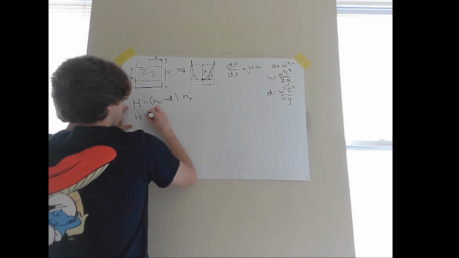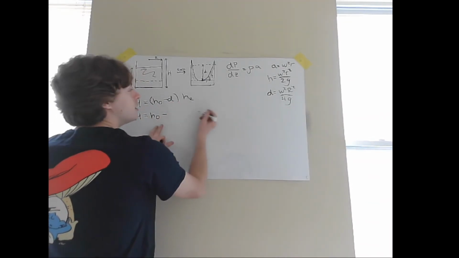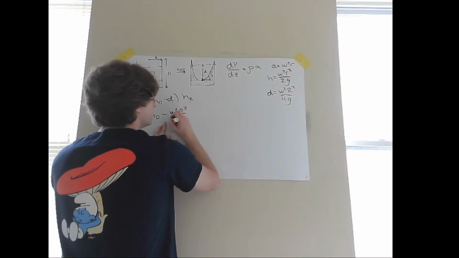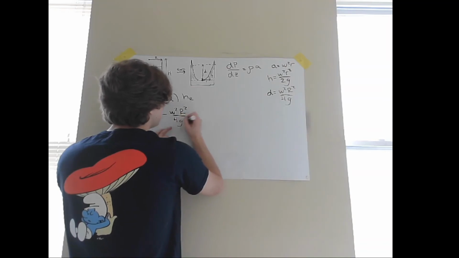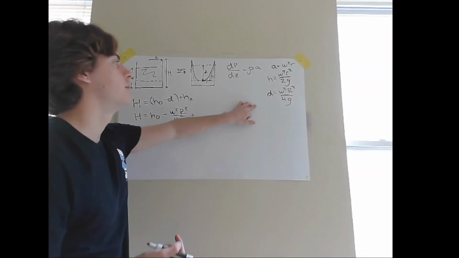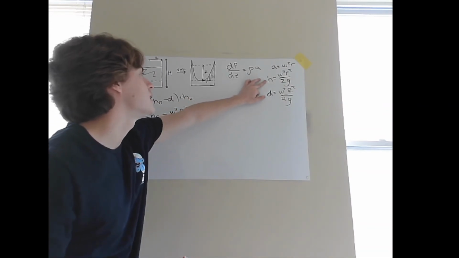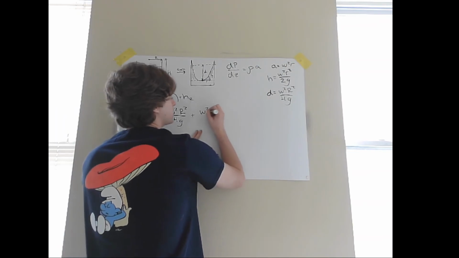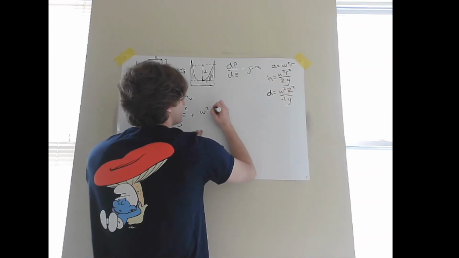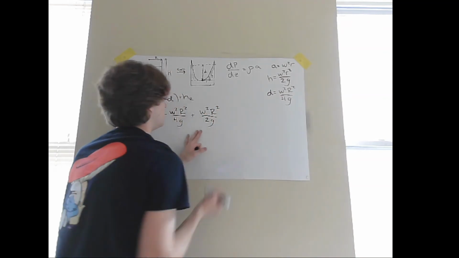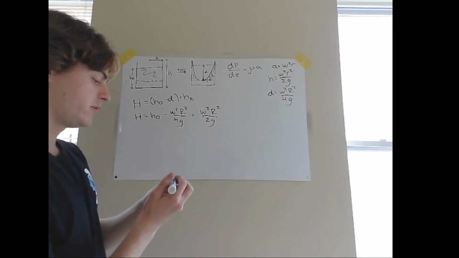So I'm just going to plug in those values. Equation for D is omega squared big R squared over 4G plus H at big R. So it's just going to be omega squared, plug in big R for r, you get big R squared over 2G. So now these terms are actually very similar.